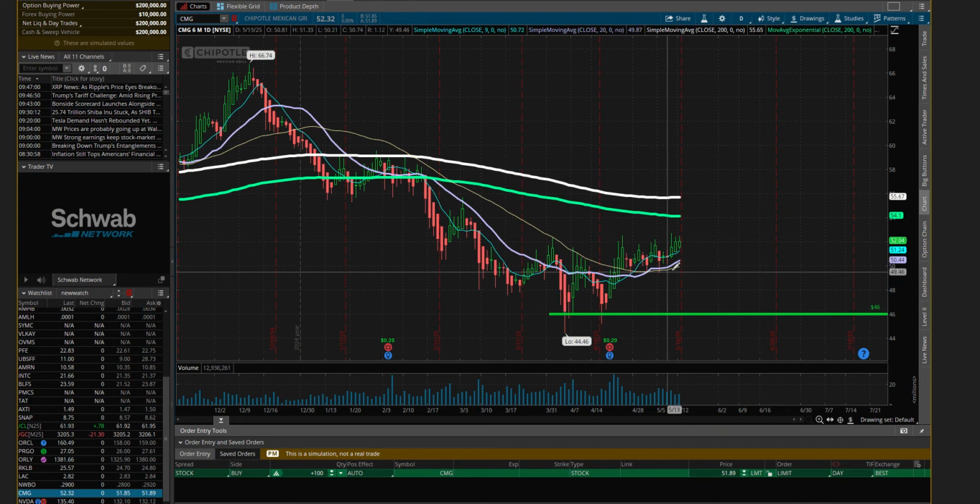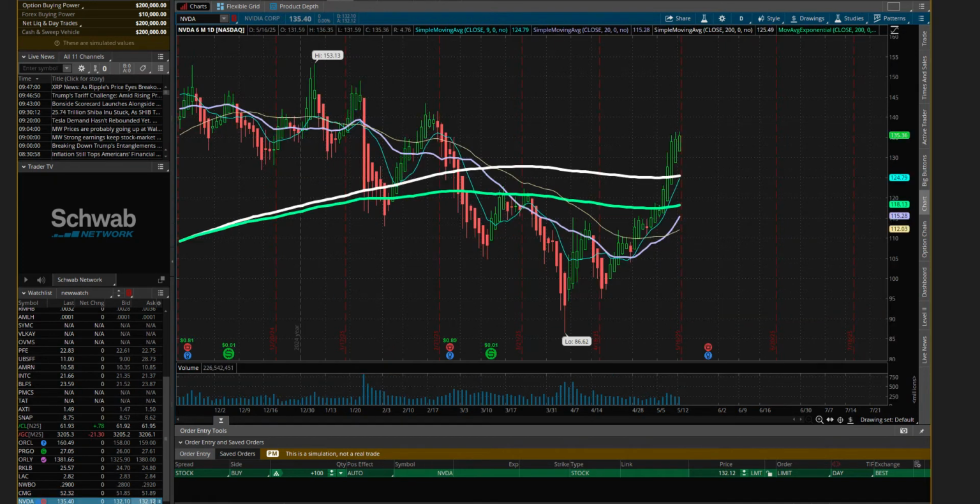We see our moving averages acting as support here, visually helping us determine that we're still in a bearish market, but we're trying to go positive. All right, we can take a look at Nvidia.